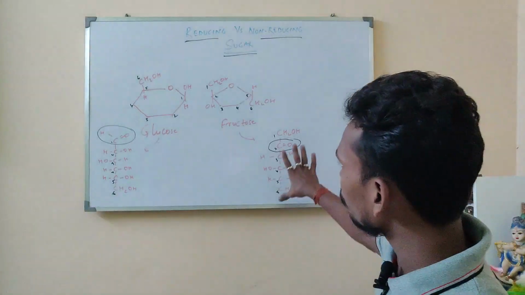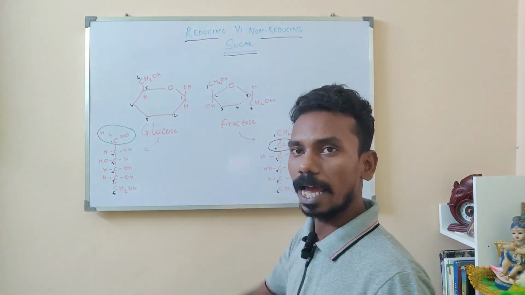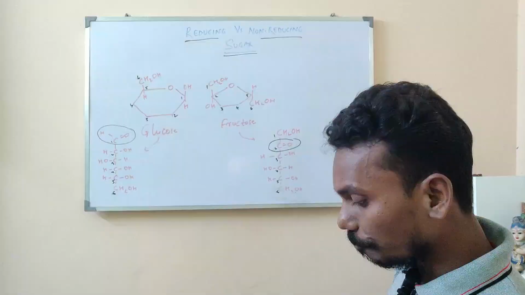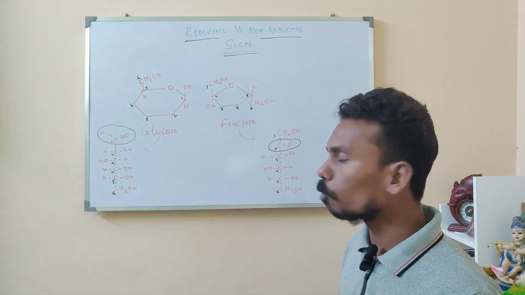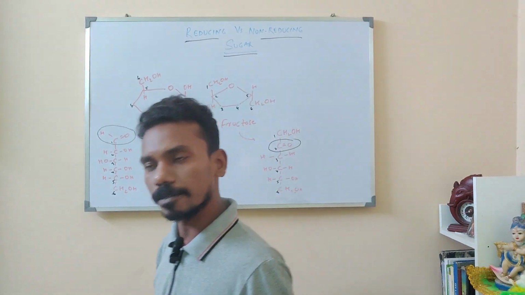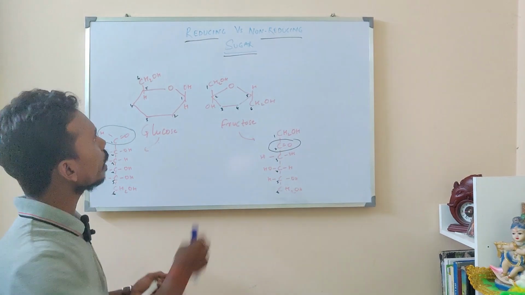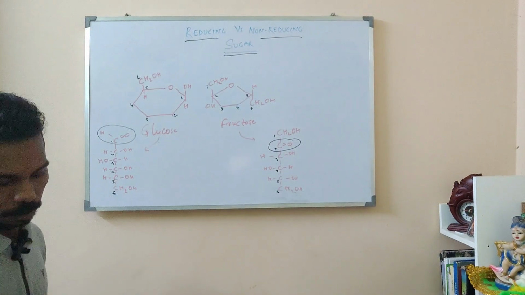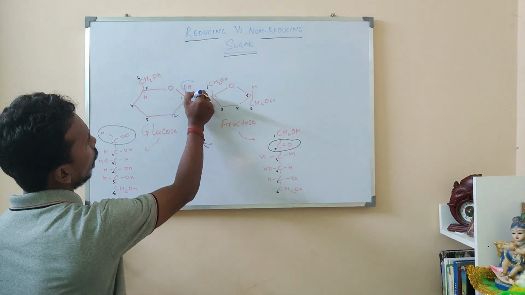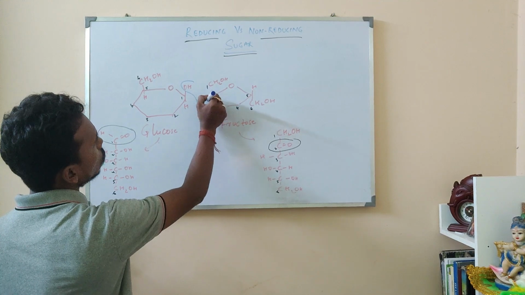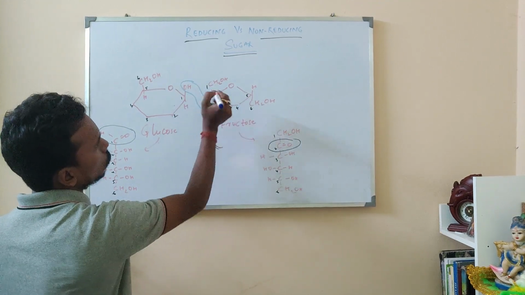So in this Fischer projection, the aldehyde and ketone groups are free. That is why you can say that glucose and fructose both can act as reducing agent. But when they combine with each other, the carbon number 1 has OH and the carbon number 2 has OH of glucose and fructose respectively.